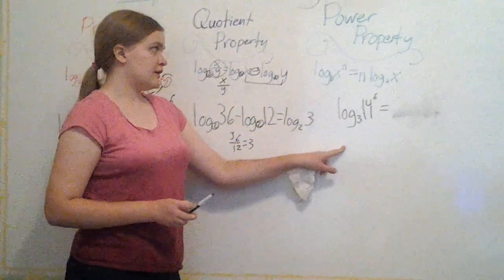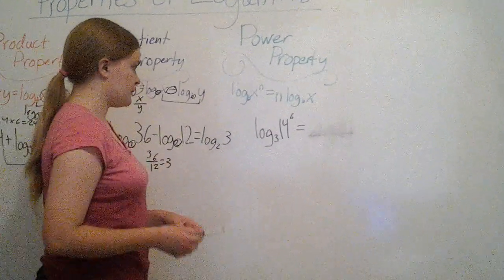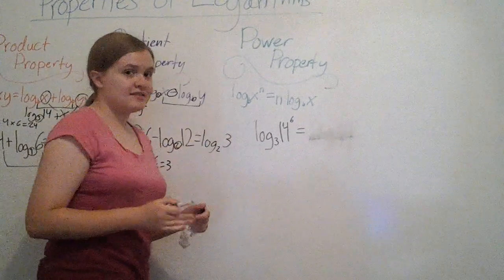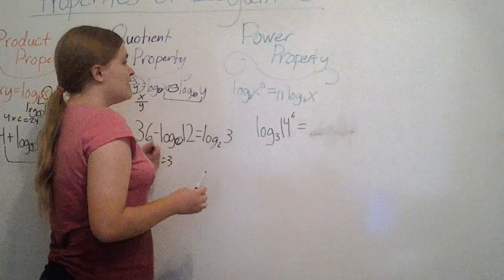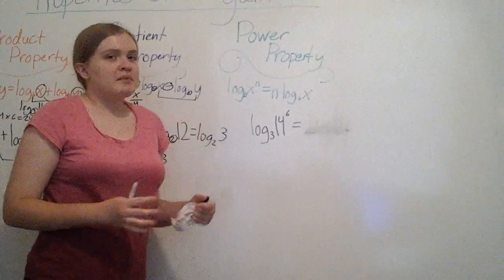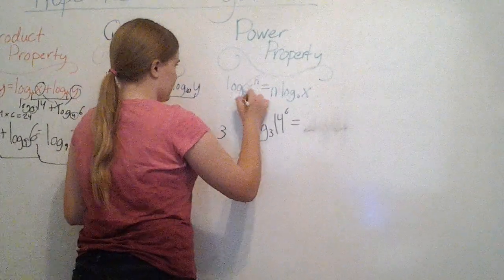Now for the power property, this one is even easier because it's very different from the other two. This one is log base b of x raised to the power of n equals n times log base b of x. It may look complicated, but it gets a lot easier. The first thing you probably notice is we have a lot of crazy numbers here.